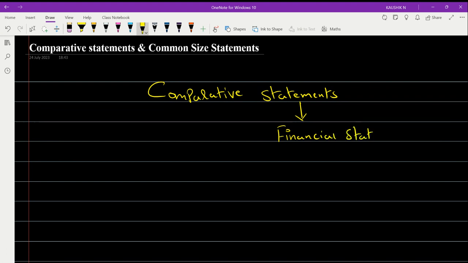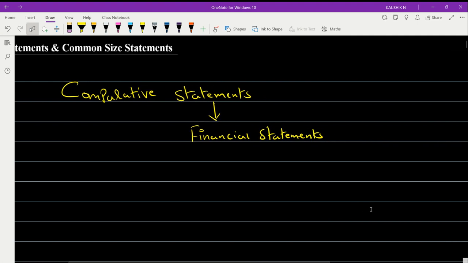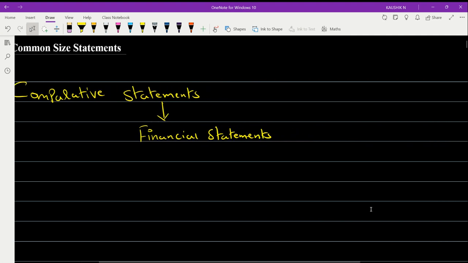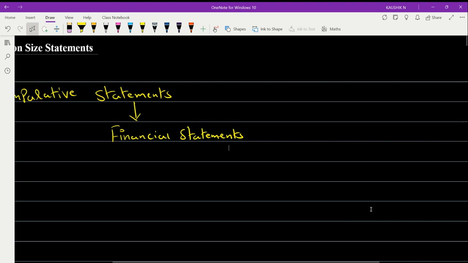Financial statements. When we say financial statements, we should have clarity on what are all the statements that can be considered as financial statements. So let me list out the financial statements we have in our syllabus and what we normally consider as financial statements.